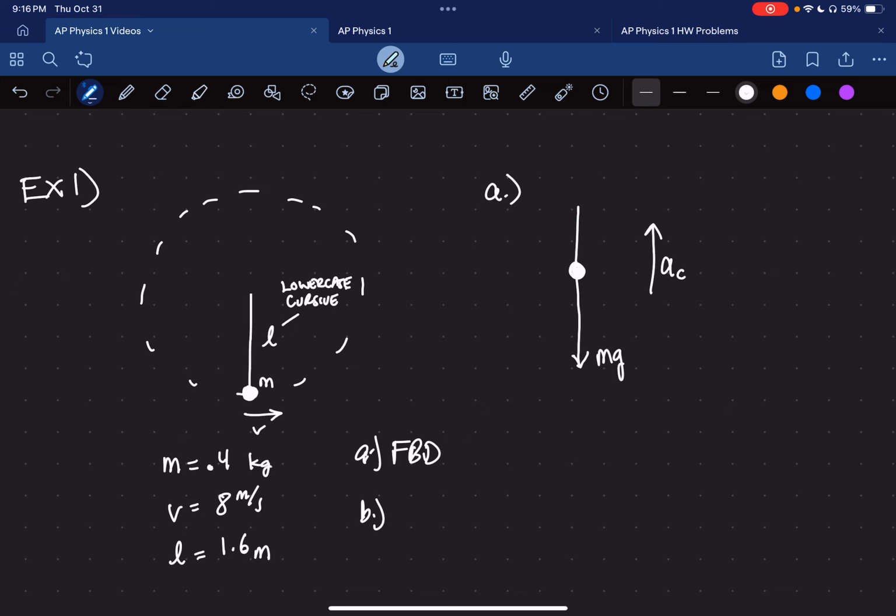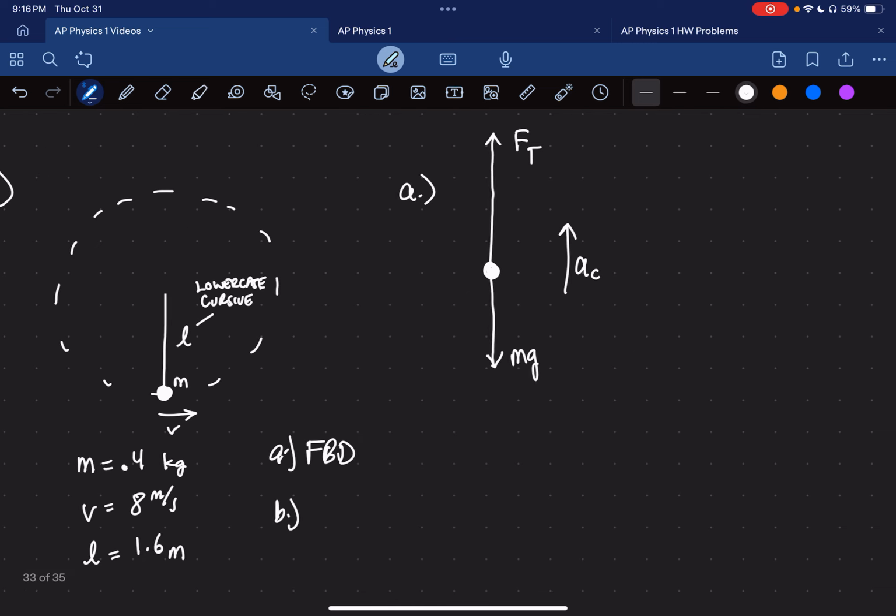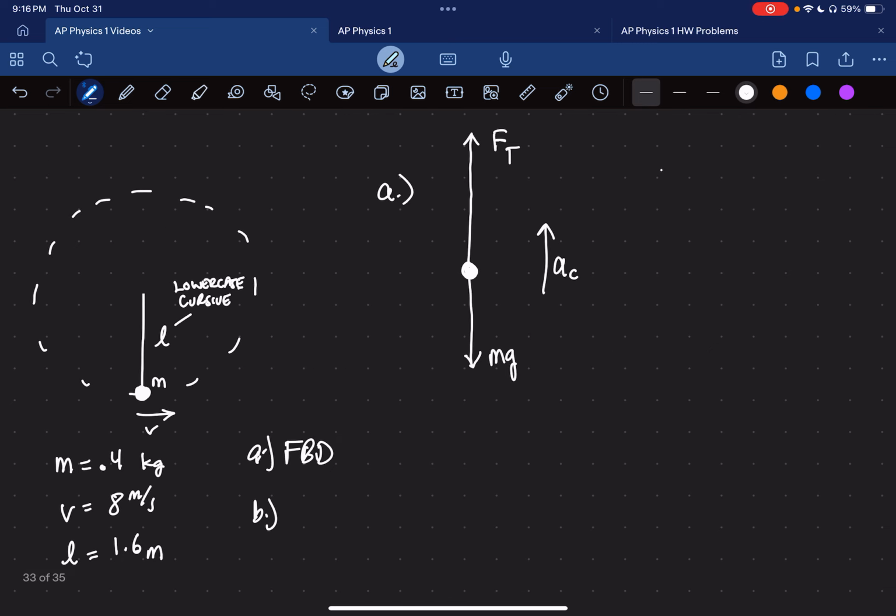And so that means that the tension force must be longer than the gravitational force to show that there's more magnitude there. Another way of thinking about the direction of the tension force is, of course, that a string can only pull. So the string is pulling the ball up. It cannot push on the ball down in this case.